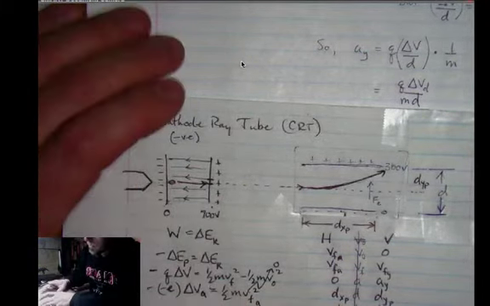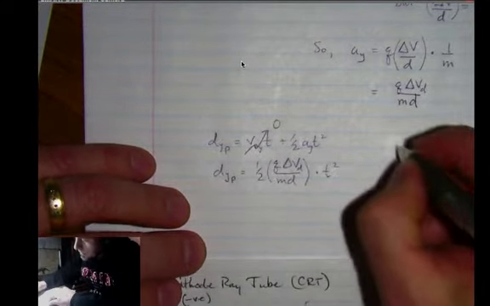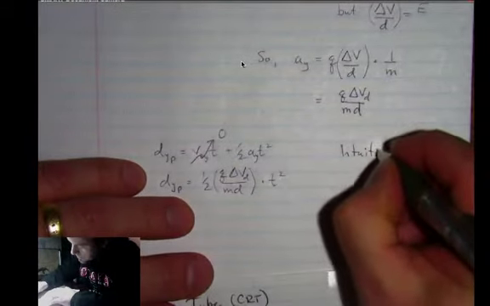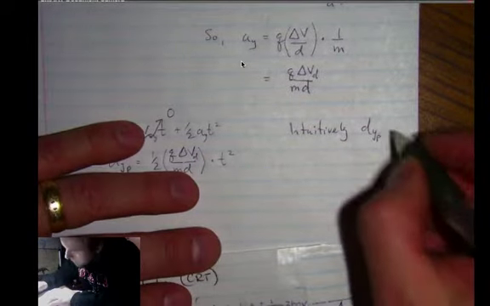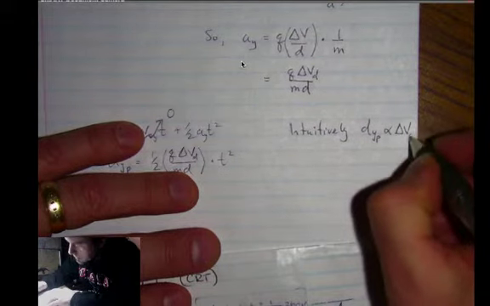Now, just having said what we've said right there, we can intuitively determine or talk about the effects of this deflection by realizing it is directly related to the deflecting voltage.